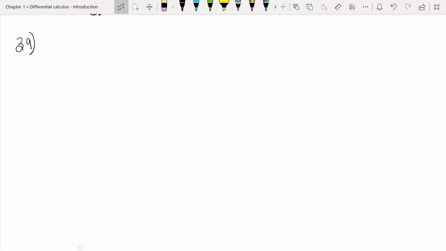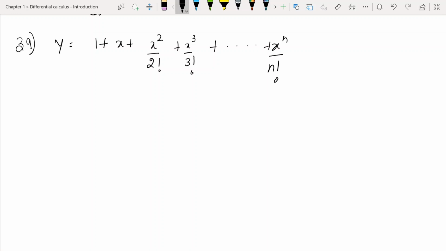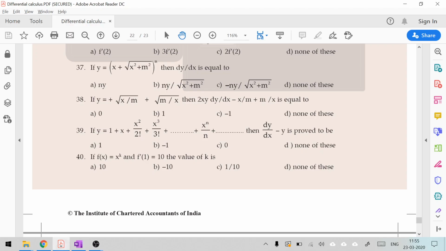So let's take down the question. Y is equal to 1 plus x square by 2 factorial plus x cube by 3 factorial and so on up to x power n by n factorial and so on. What is the value of dy by dx minus y?